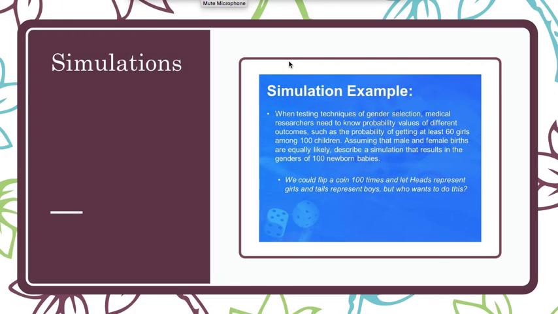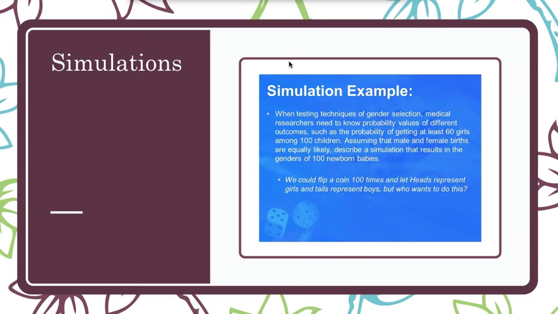After completion of that activity, we would move on to simulations. So, an example of simulations would be when testing techniques of gender selection. Medical researchers need to know probability values of different outcomes, such as the probability of getting at least 60 girls among 100 children, assuming that male and female births are equally likely.